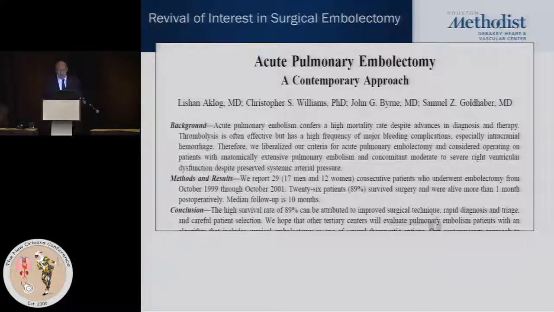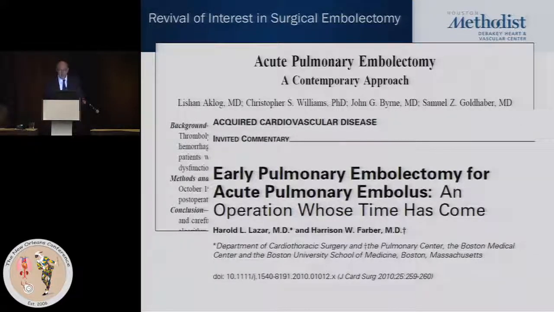And they, in fact, had excellent results with excellent long-term survival. And this led to an approach which is now more or less standard, and that is that if patients have echo evidence of right ventricular dysfunction, even in the presence of relatively normal hemodynamics and a demonstrated central clot burden, and we'll talk about that in just a moment, pulmonary embolectomy is a procedure which is performed much more commonly now.